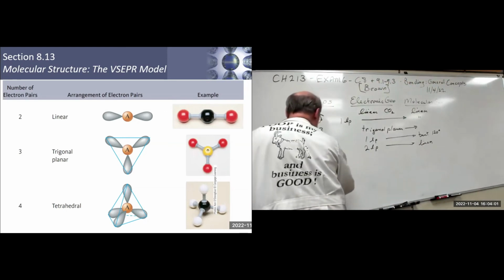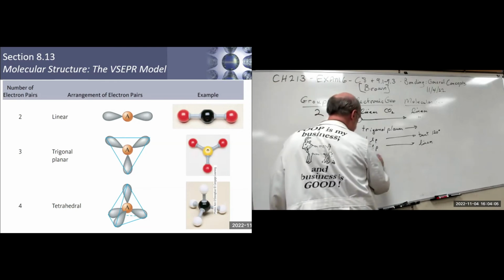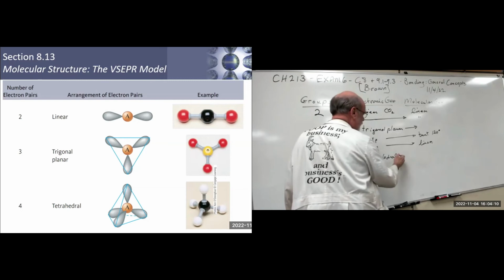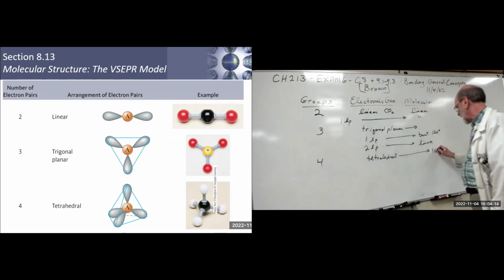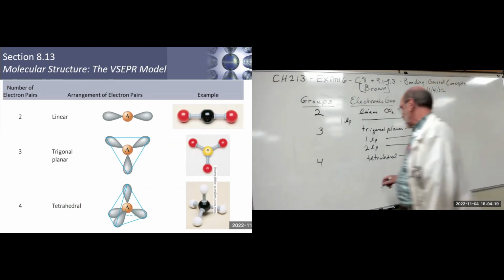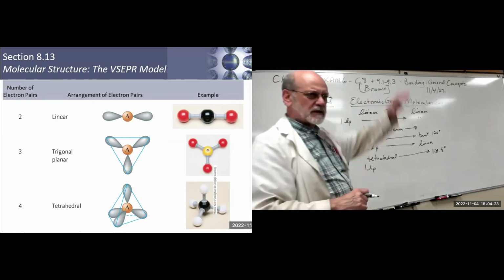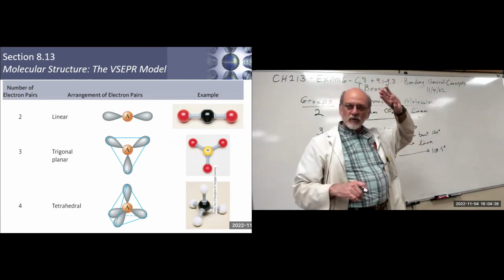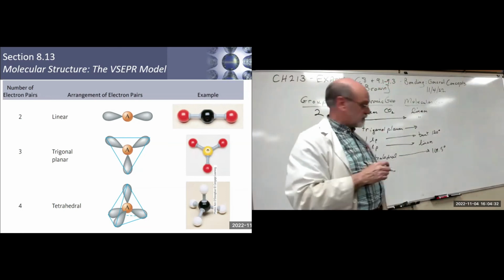If you have four groups, right, we said that one already, the electronic geometry is tetrahedral. And if they're all atoms, that's tetrahedral, and the bond angle is 109.5. Okay, if you have one lone pair, what does that do? It does like ammonia. Cover up the lone pair, what do you have left? You have nitrogen and three hydrogens at the base of the pyramid.